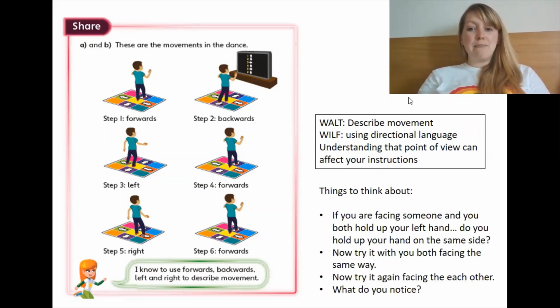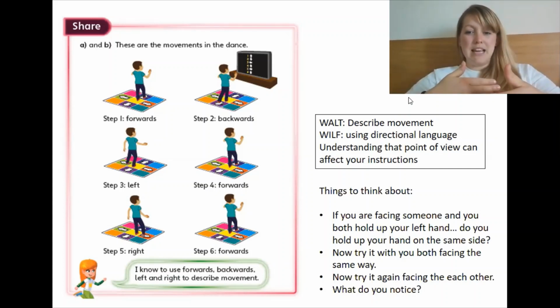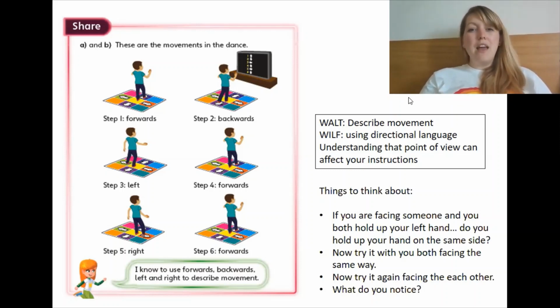Now some of the things to think about are, if you are facing somebody and you both hold up your left hand, do you hold up the hand on the same side? So if you could get a grown-up or a sibling to stand in front of you looking at you and you both hold up your left hand, what happens? Now try if you're both looking the same way.